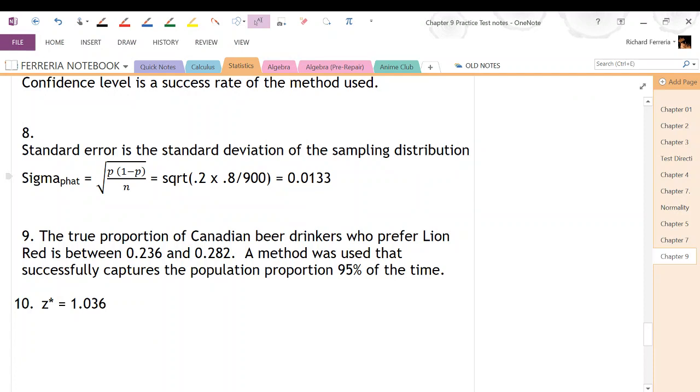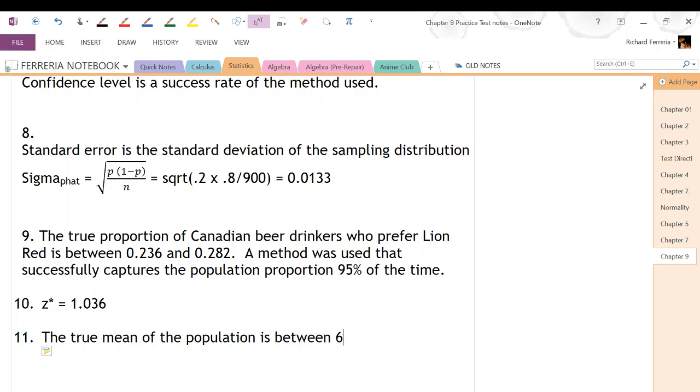11. A 95% confidence interval for the mean population computed from a random sample is found to be 9 plus or minus 3. We can conclude that, okay? So this says to me the true mean of the population is between, was that 12 and 6?